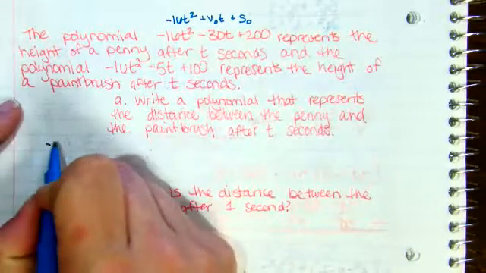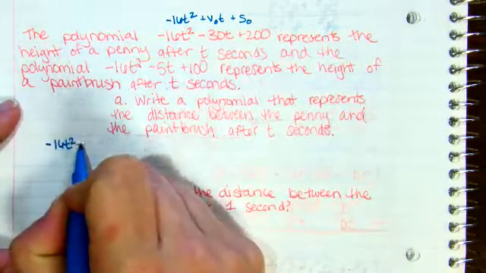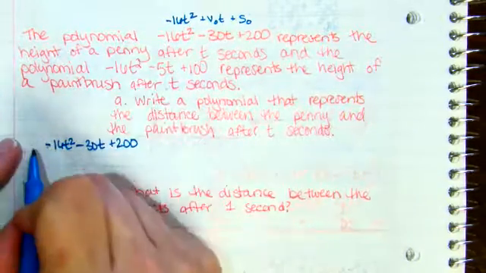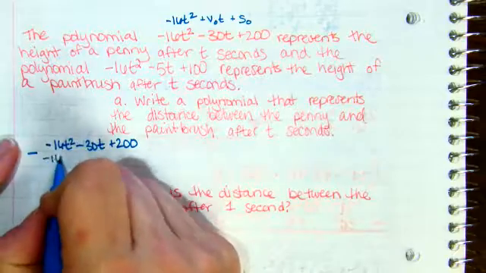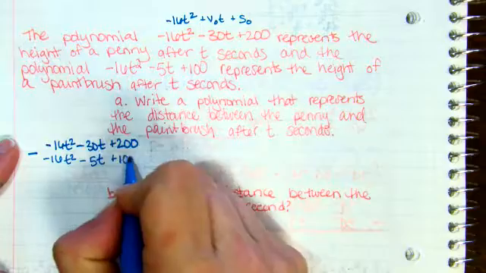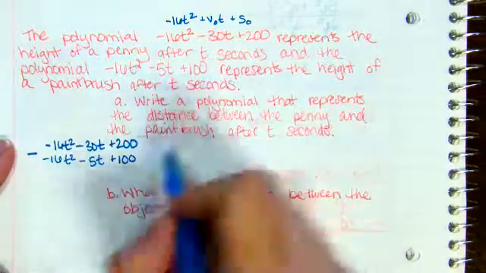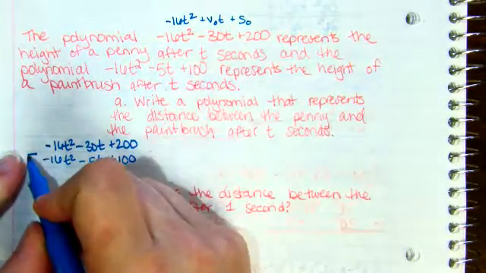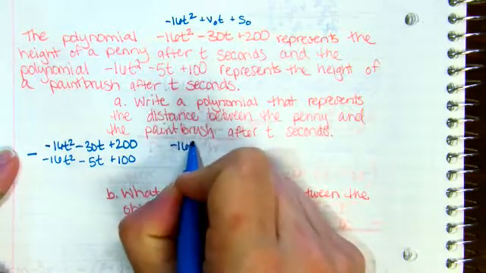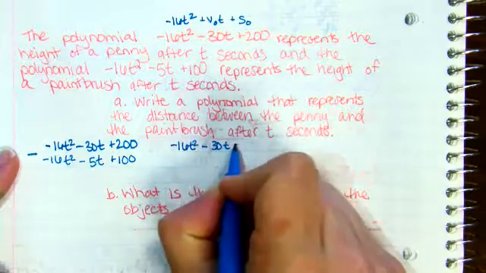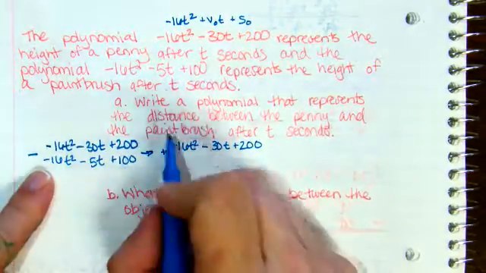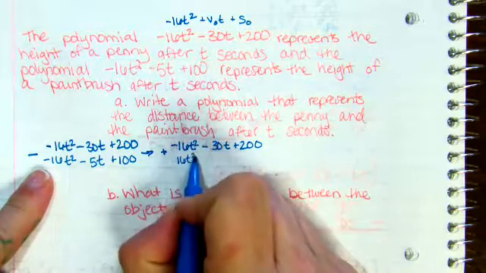So that would be negative 16t squared minus 30t plus 200, and I'm subtracting negative 16t squared minus 5t plus 100. Now, to do this, I need to change the subtraction to addition and add the opposite. So negative 16t squared minus 30t plus 200 stays the same. I change to addition. This will become a positive 16t squared.